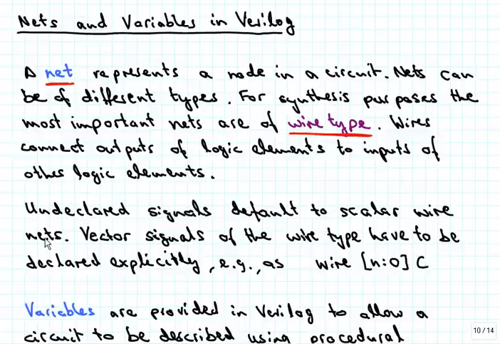And if there is a vector signal of the wire type, then it has to be declared explicitly, for example, as is shown here. Okay, so if we would just have used a single bit for the carry, then we could have simply used C without declaring it beforehand. And the compiler would assume that it's a wire type signal which has just one bit.